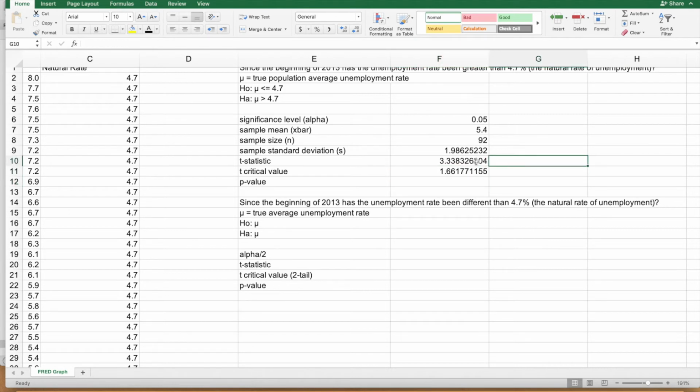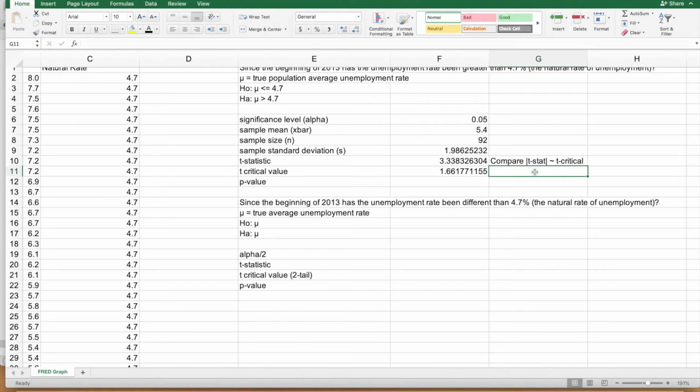But right now, if we're doing the critical value approach, when we went over video 2.2, all we do is compare the absolute value of our t-stat to our t critical.